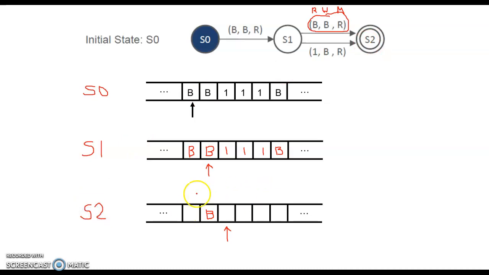State 2, and then we fill in the rest of the tape with the stuff that's already there. So BB, and of course we have a 1, and from above a 1 and a B. And that is the end to this particular Turing machine, and see you in the next video for the next one.